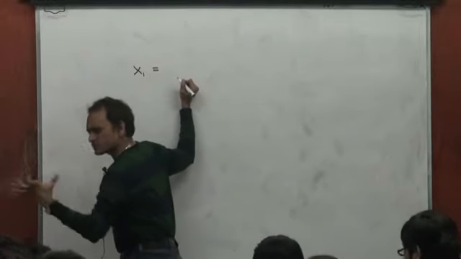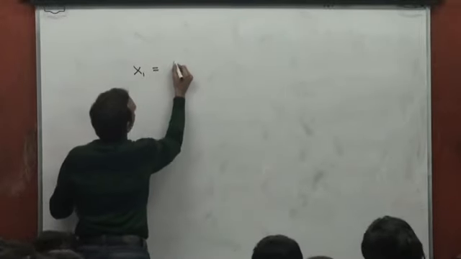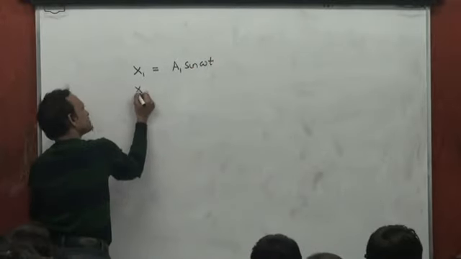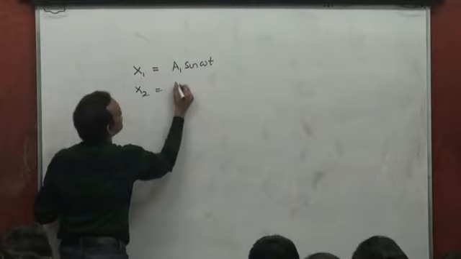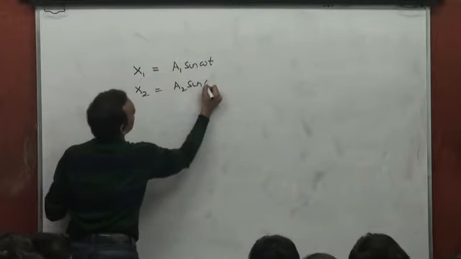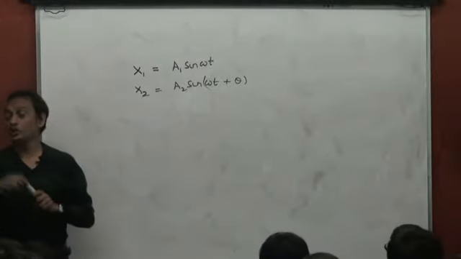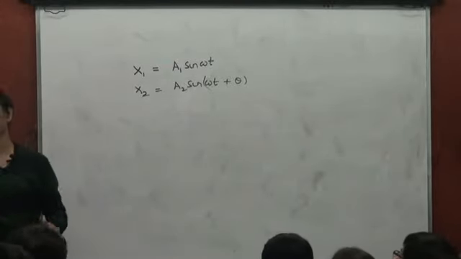One, there is x1 as per a1 sine omega t, and there is another x on the particle, x2, which is a2 sine omega t plus say theta. These two oscillations are superimposed on a particle.